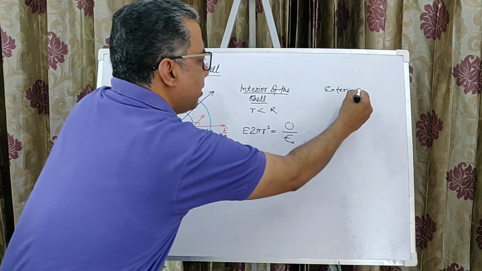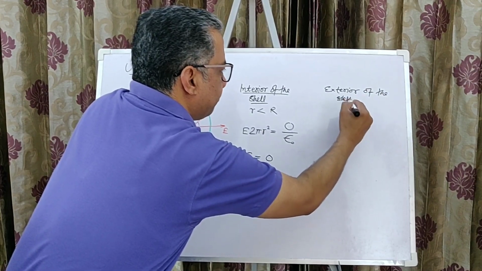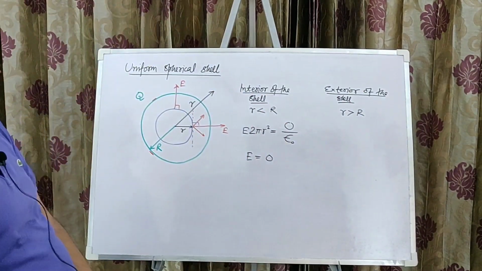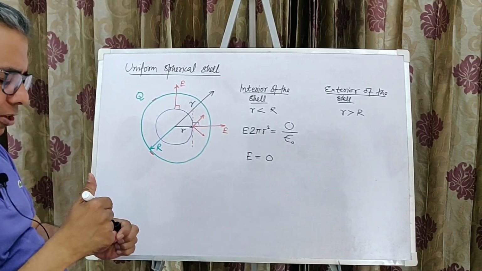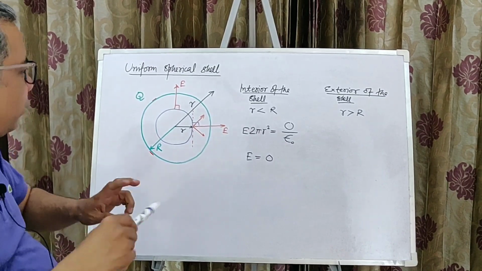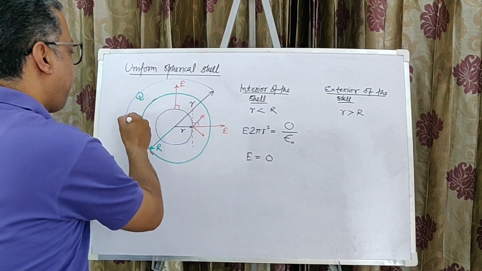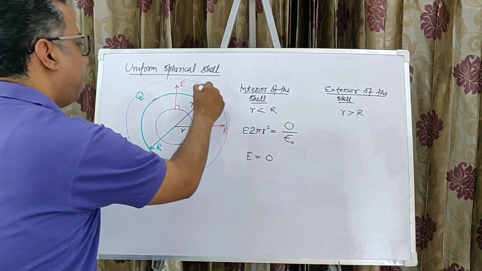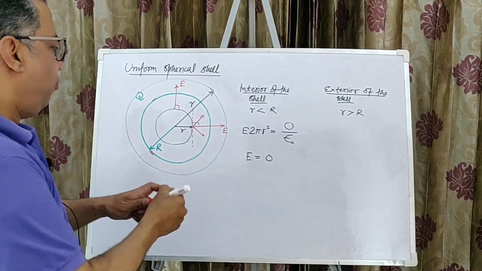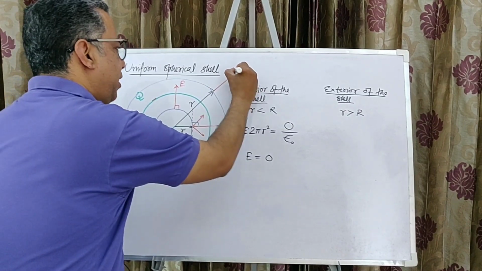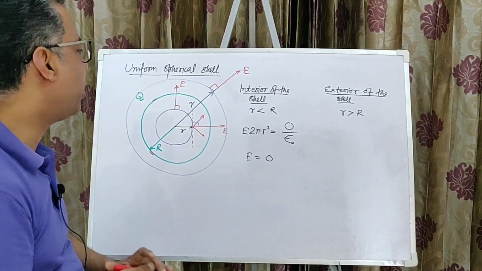We are outside the shell now. So small r now is larger than capital R. Again, what we will be doing is we will draw a spherical Gaussian surface, and knowing the symmetry of this arrangement, we know that the electric field will be radial and therefore normal to the surface at all locations of the surface.